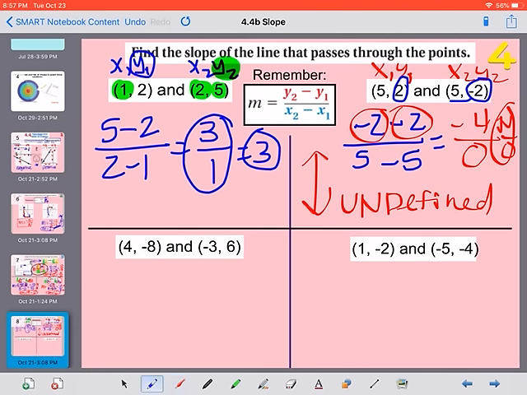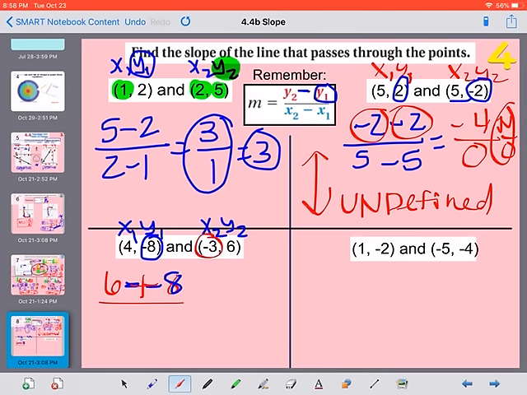All right, last two. I would like you to try on your own and then click play to see if you got it right. So I'm going to plug in y2 minus y1. We have 6 minus a negative 8. Be careful. This negative came from here. y1 also was a negative, so the opposite of a negative is really a positive. Then on the bottom, x2 minus x1, negative 3 minus 4. So 6 plus 8 is going to give us 14.